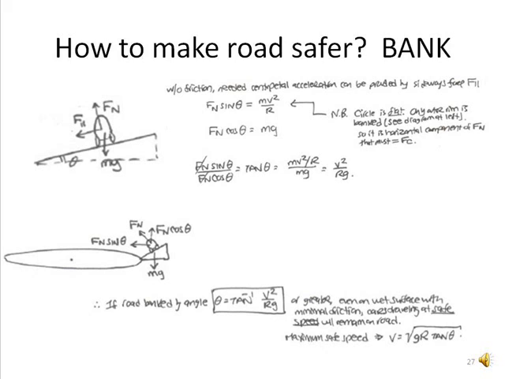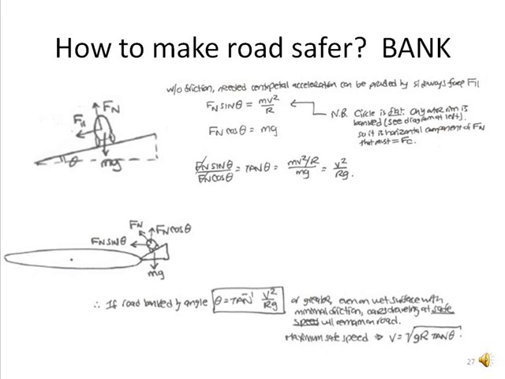In this particular problem, we made the assumption that friction can be neglected, because what we're trying to do is derive what is the bank angle that we need to design for this road without taking the friction into account. Similarly, there's a normal force, F_n cosine theta, but that's exactly counterbalanced by the weight, mg.